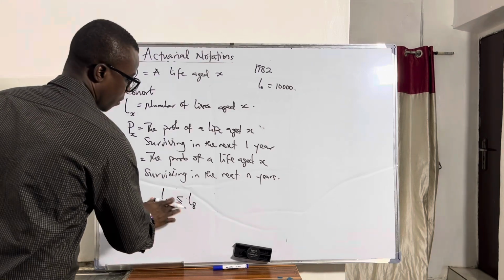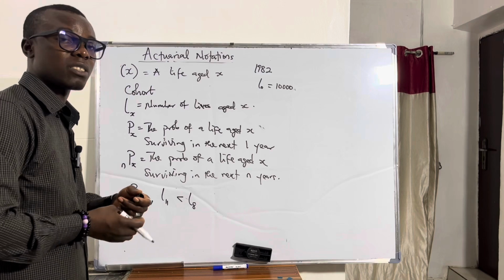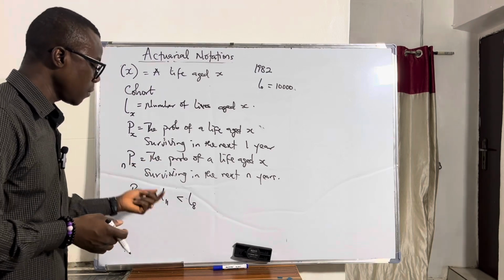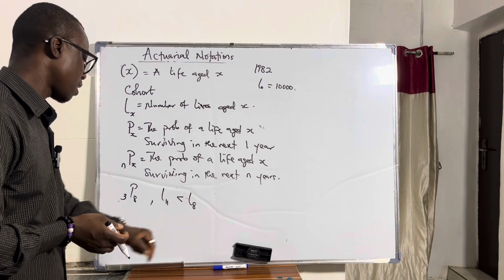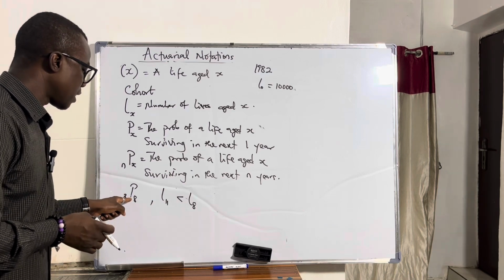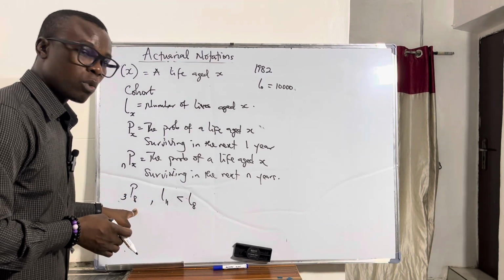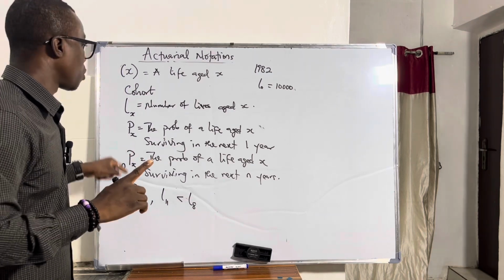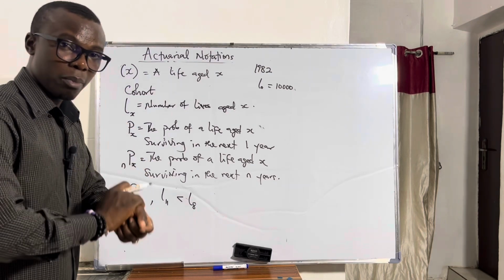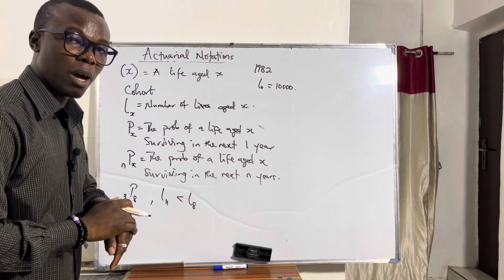But most times we don't really have that case. So let's say L11 is less than L8. So what's the probability that a life age 8 will survive in the next 3 years? Back to probability, the number of required outcome. What's the required outcome?